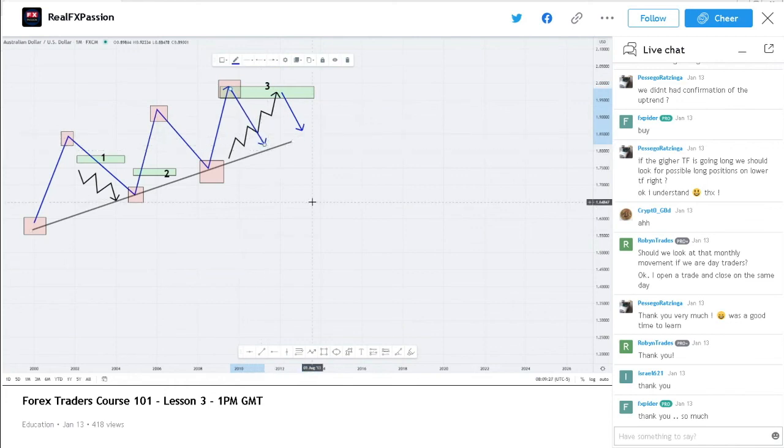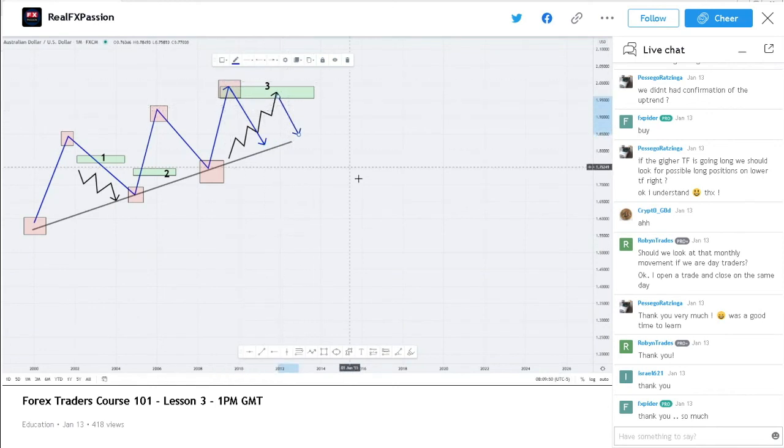Especially some of you who are trading, or at least trying to trade, on the smaller time frames, like the 15-minute chart, 30-minute chart, sometimes even the 1-hour chart. I would enter at number 3 and I would lose the trade, and I would say, man, the market is against me.